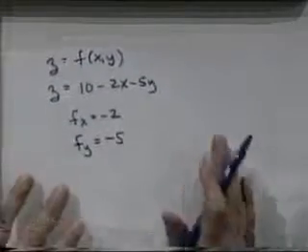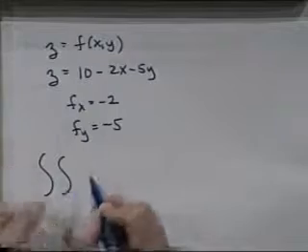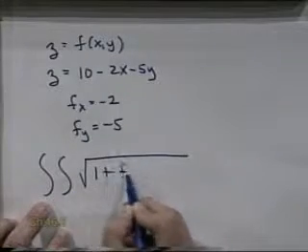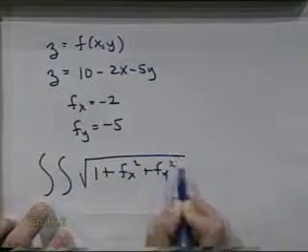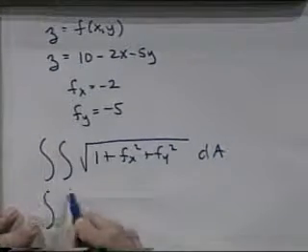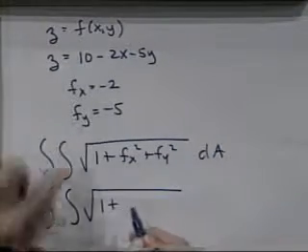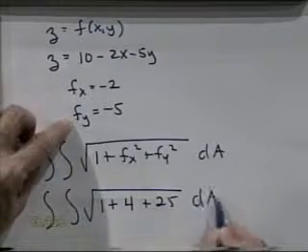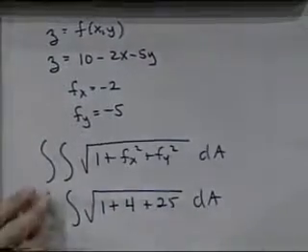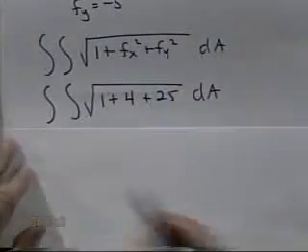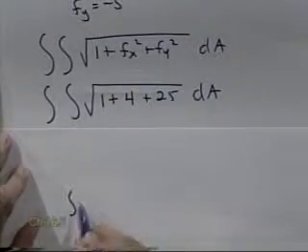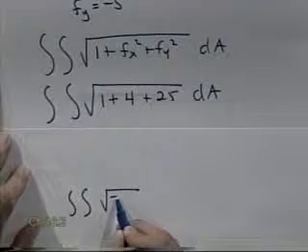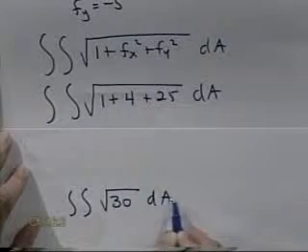Okay, so my integral, which is square root of 1 plus fx squared plus fy squared dA, is going to be square root of 1 plus 4 plus 25 dA, which gives me square root of 30 dA.